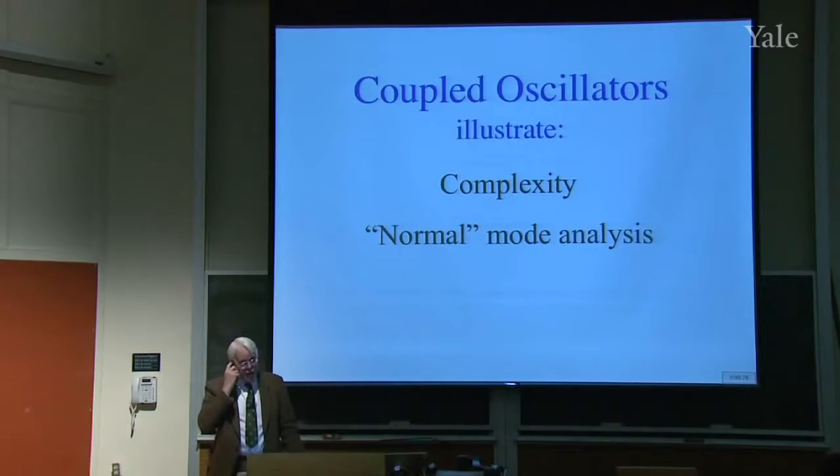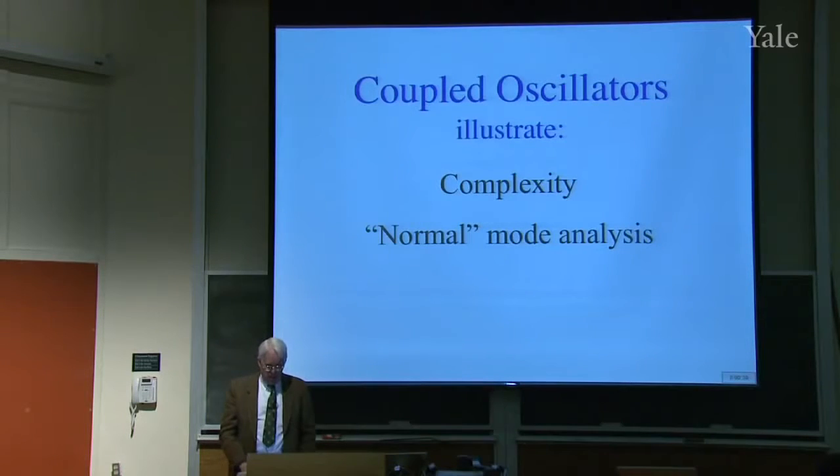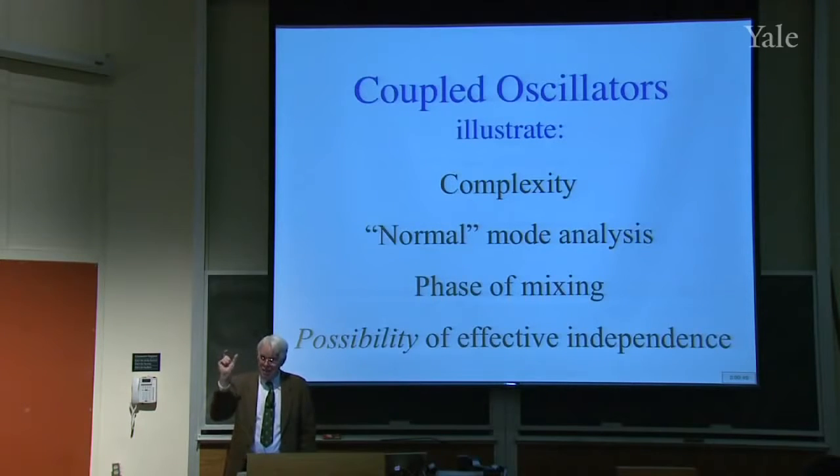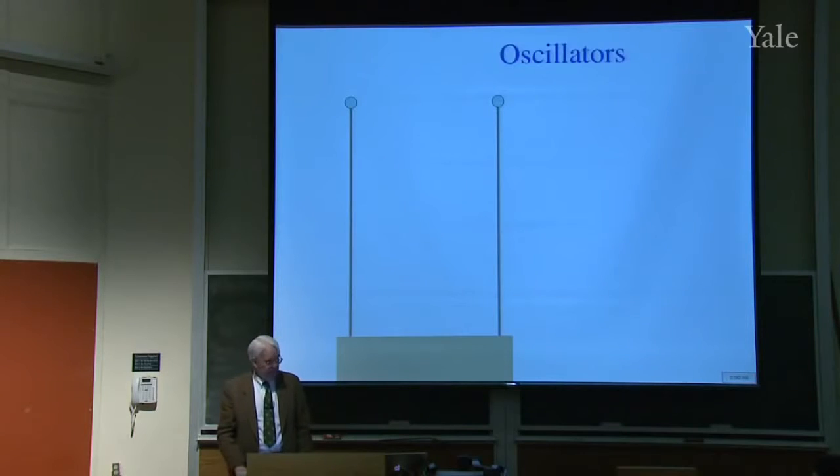And then the idea of normal mode analysis and what a normal mode is, and phase of mixing, and the possibility of things being independent, so you can think about a functional group having a particular thing, not being all mixed up with others.